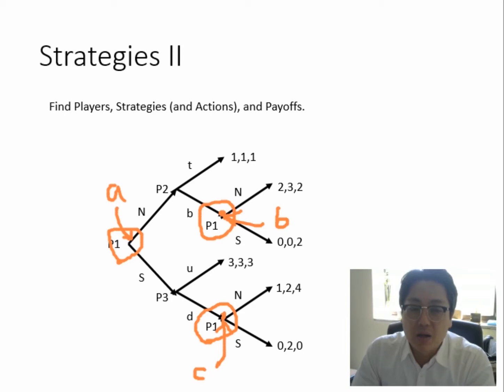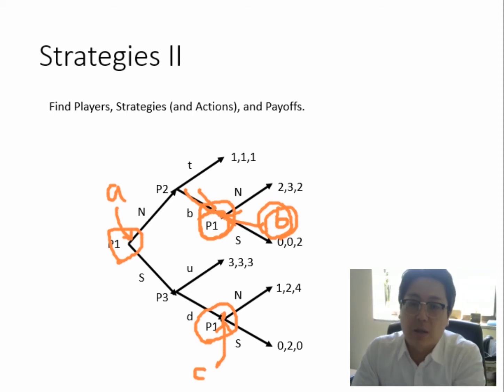The player can know where the player is. If this node is reached, then player 1 can distinguish between A and B and C. He or she knows that he or she is at the node B, because this node is different from A and C. So those are three different nodes.